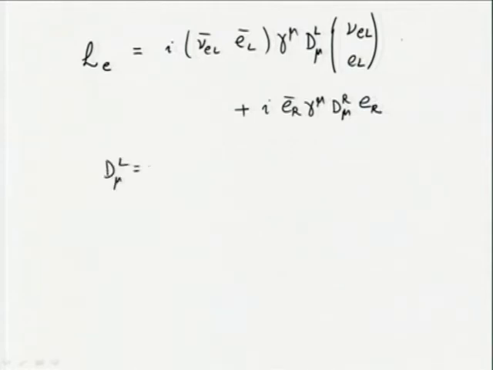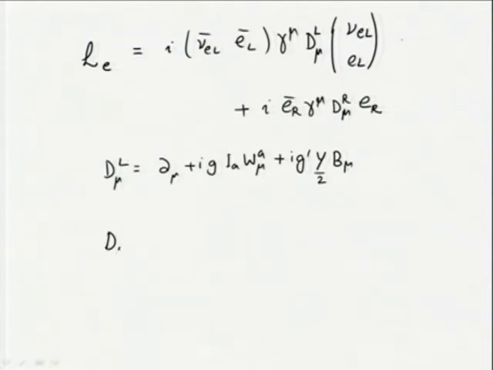D_μ^L is ∂_μ plus i g I^a W_μ^a plus i g' Y/2 B_μ. So, we have introduced 3 W_μ's and 1 B_μ. So, in total 4 bosons, vector fields here, and they are the ones which help us have gauge invariance for the Lagrangians.